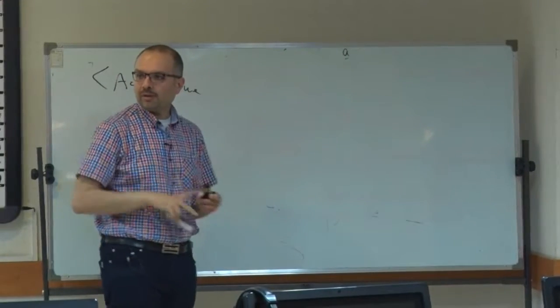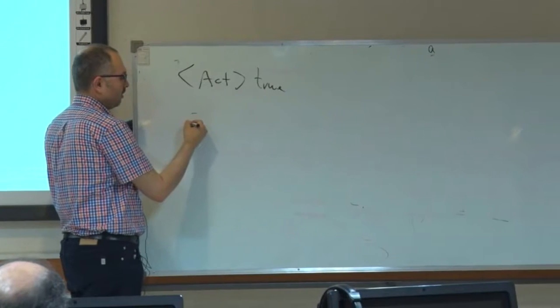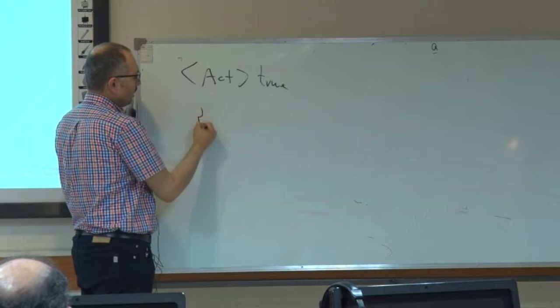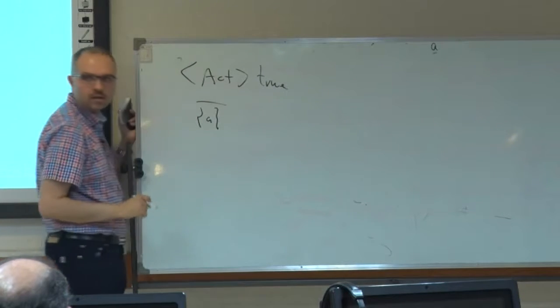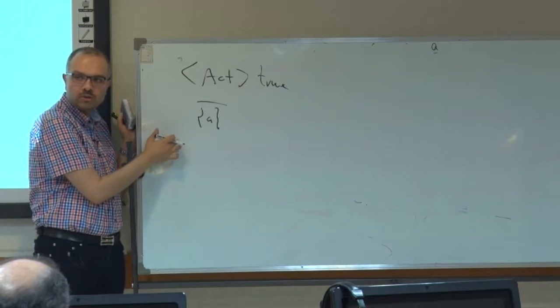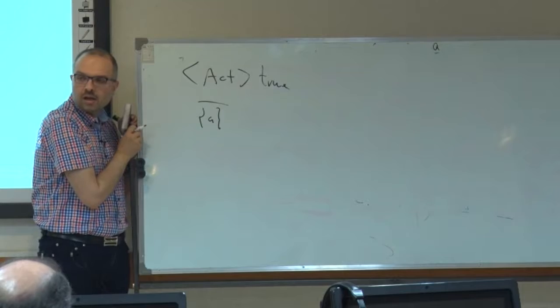Complement of set of A. Complement of, okay, interesting. Complement of A. I need box or diamond. Without a box or diamond, I cannot continue. I need a box or diamond around it. Okay.